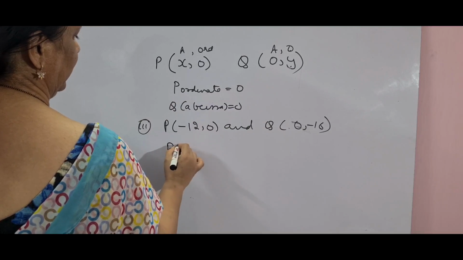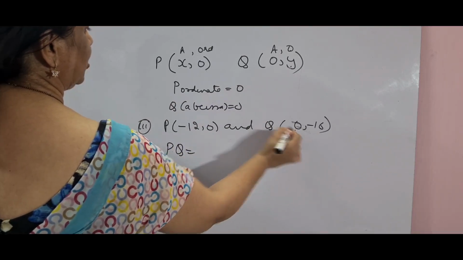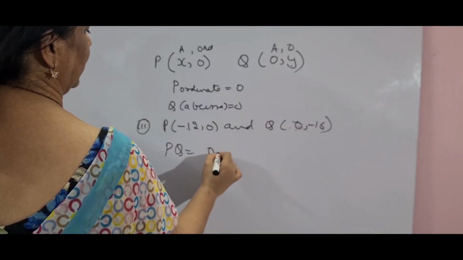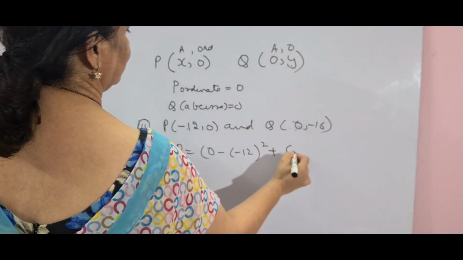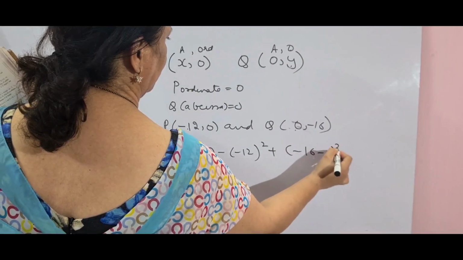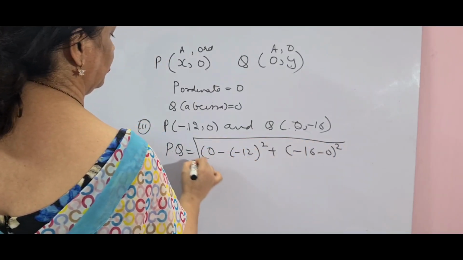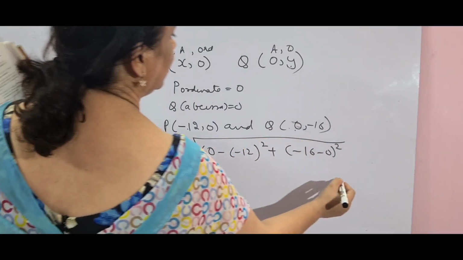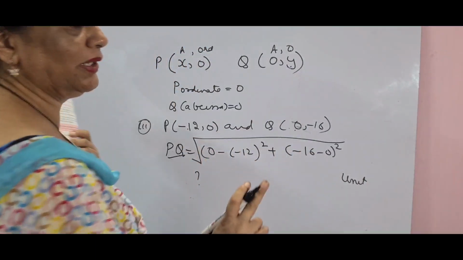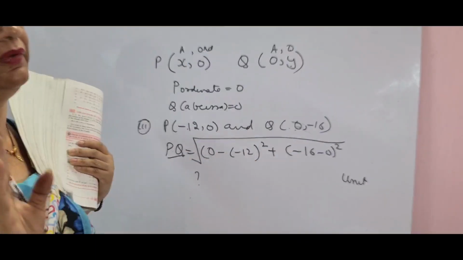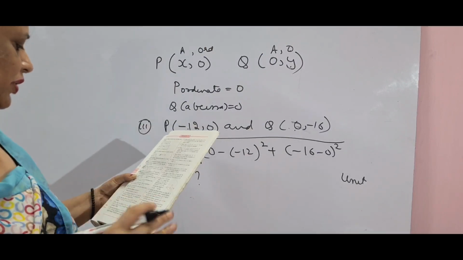You can do it, children. PQ will be x2 minus x1, so 0 minus minus 12 whole square plus minus 16 minus 0 whole square, under the root, and that is your required answer. Don't forget to write the unit because you are finding distance. How simple it is. If you understand the language, everything is very simple. So this is how you will do it.